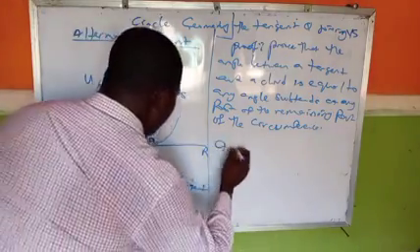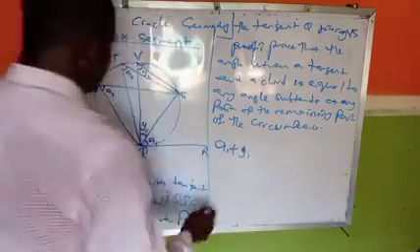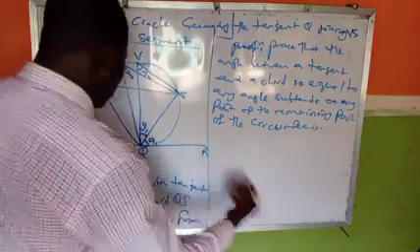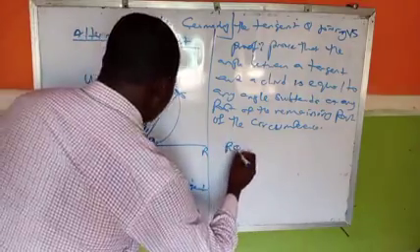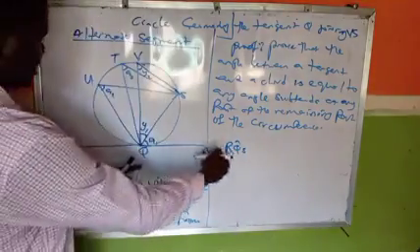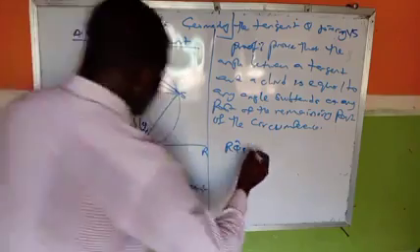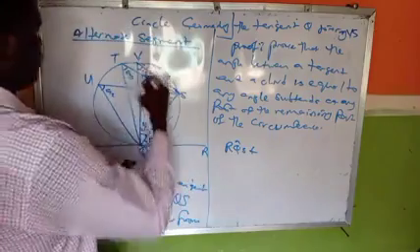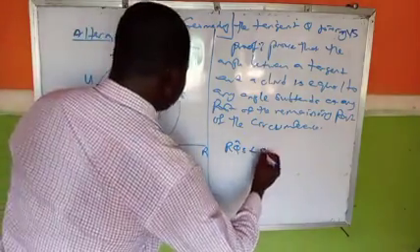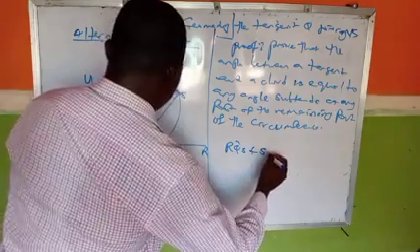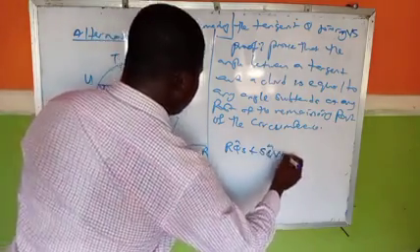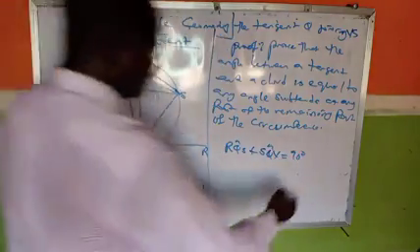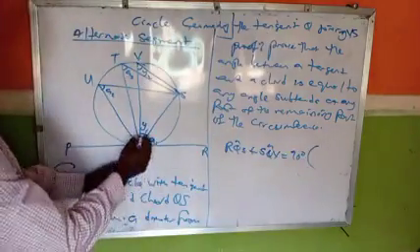So look, angle A plus Y. I can say that angle RQX, which is A, plus angle SQV equal to 90 degrees. What's the reason here?